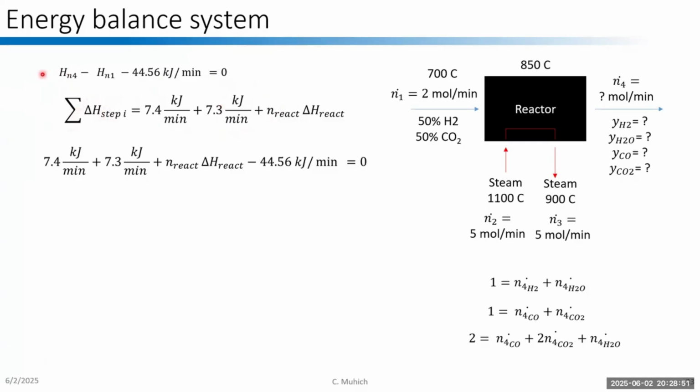This must be HN4 minus HN1, so I can plug this equation into these sets here, and I'm left with a final energy balance that says 7.4 kilojoules per minute plus 7.3 kilojoules per minute plus N react times delta H react minus 44.56 kilojoules per minute must be 0.